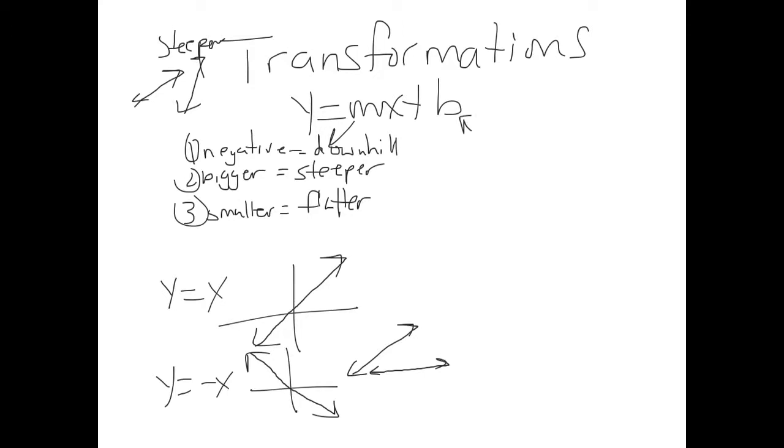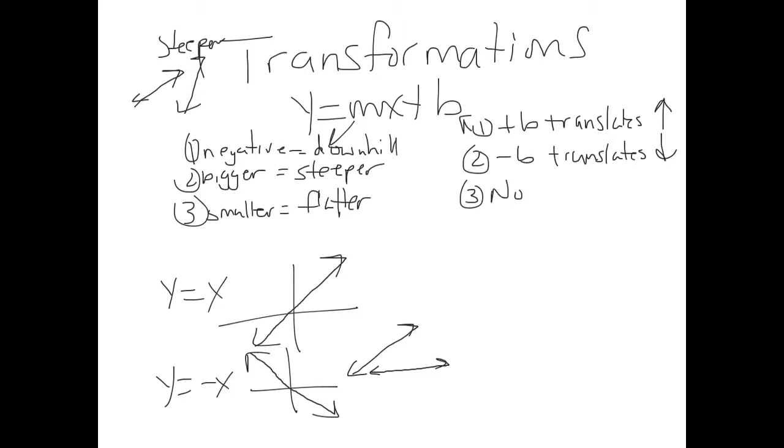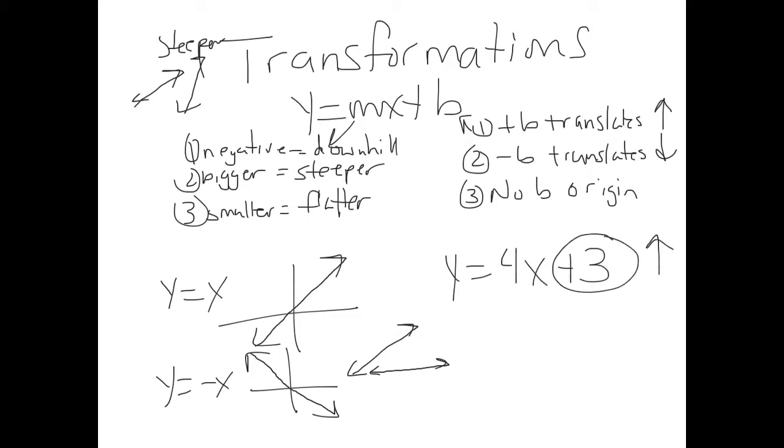The b does all of our translations. So if we add a b, that translates it up. If we subtract a b, that translates it down. And if we have no b, then it's at the origin. It has not been shifted. Okay? So if I put y equals 4x plus 3, if you look at that, you know that's been shifted up 3.